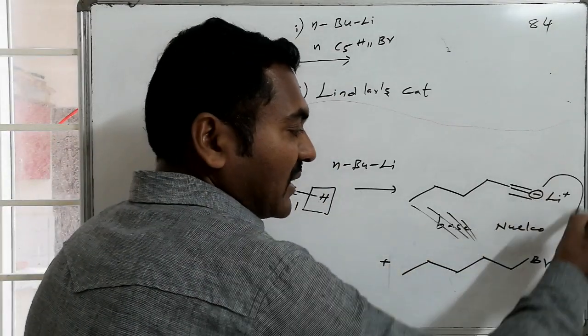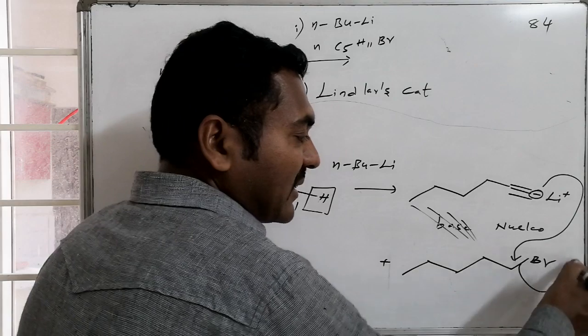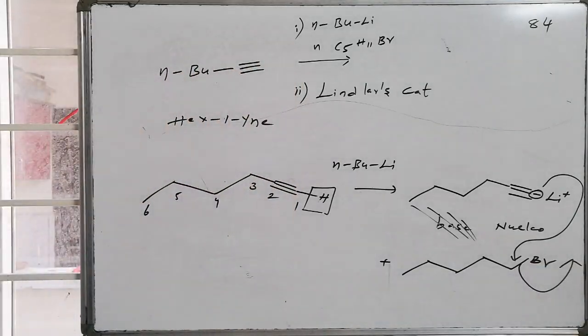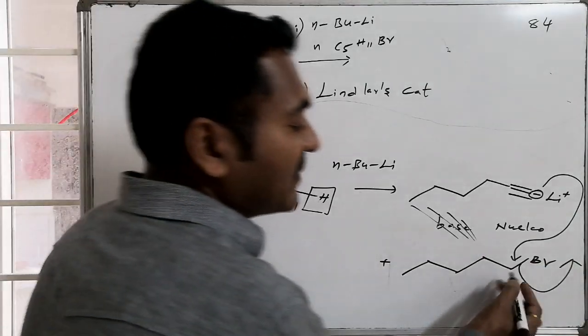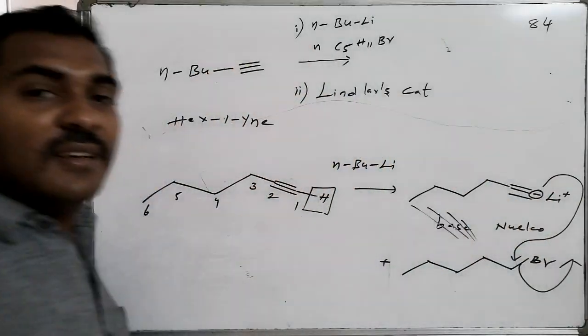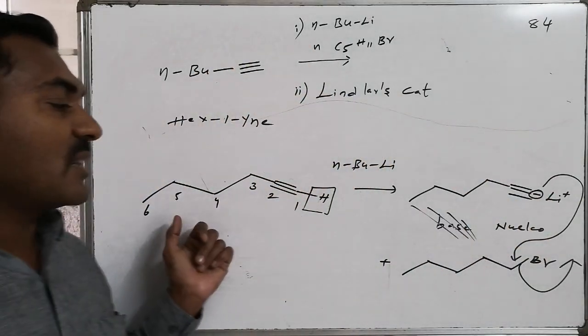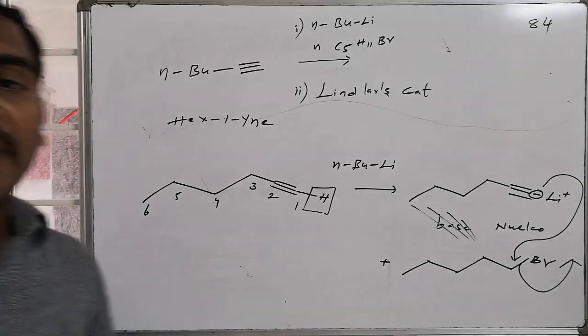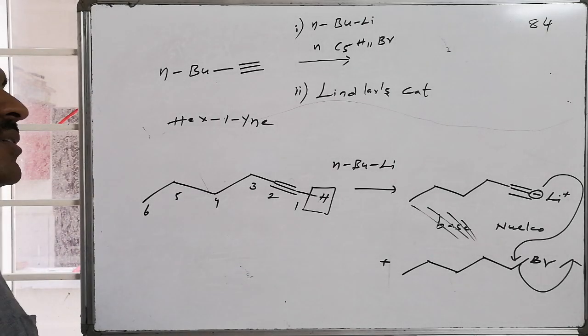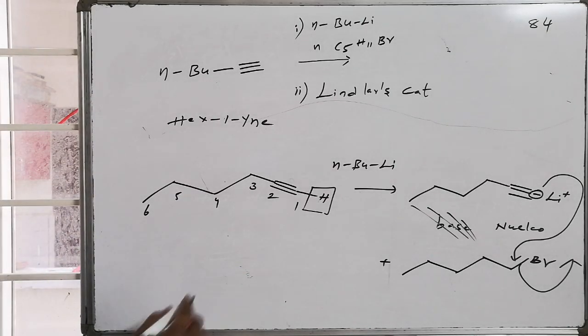Hence as a nucleophile it attacks the carbon, thereby the C-Br bond is broken and a connection is made between this carbon atom and the other carbon atom. These are 6 carbon atoms and these are 5 carbon atoms. In the middle there is a triple bond. A total of 11 carbon atoms is present.